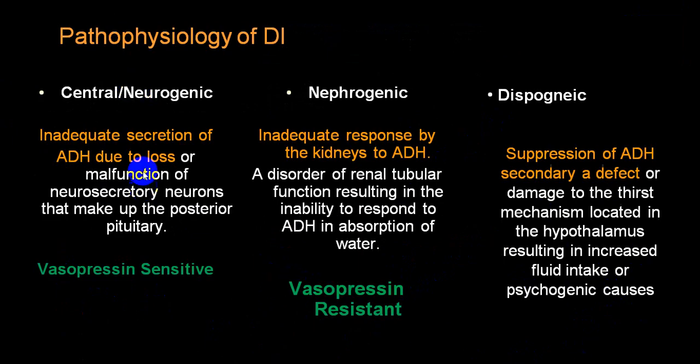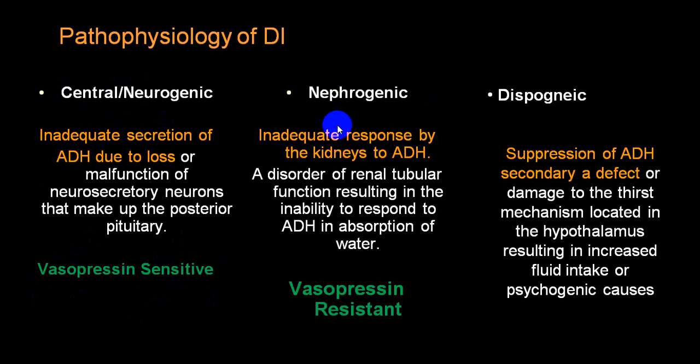That is the common thing in a person with the central or neurogenic variety. And the person is still vasopressin sensitive. So if you give vasopressin, the condition will reverse, and the person will have an improvement in symptoms and signs.